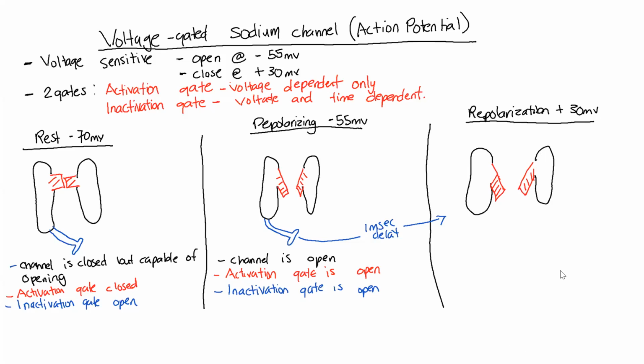And that's because of the signal that was sent here. So now we close the inactivation gate, and we can say that the channel is now closed and incapable of opening.